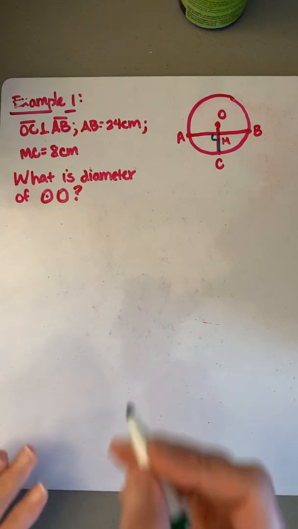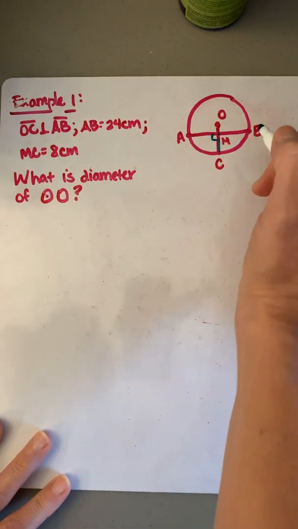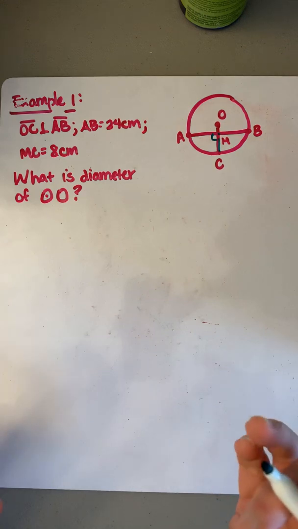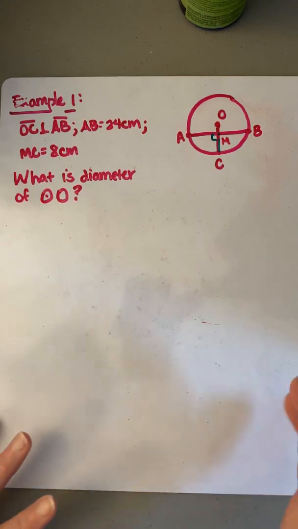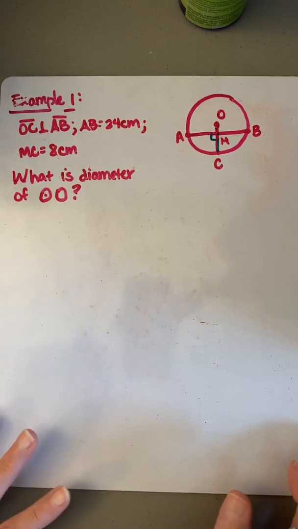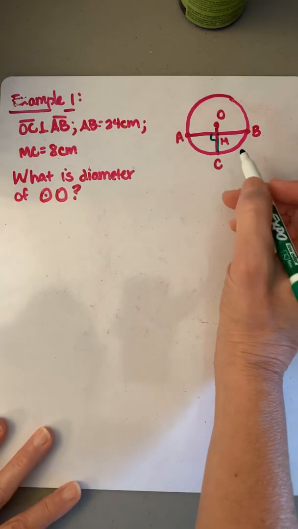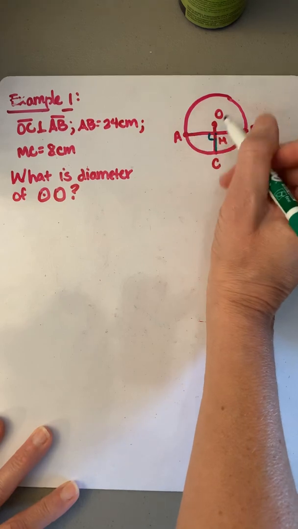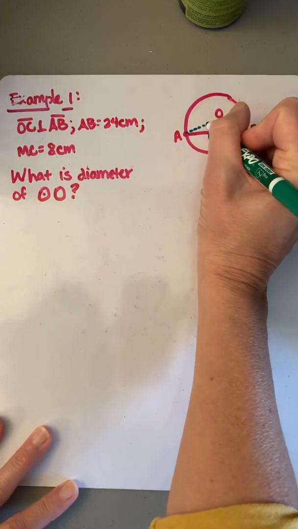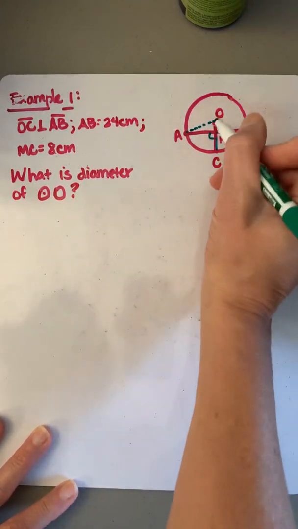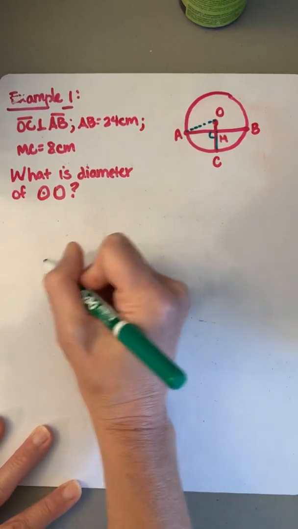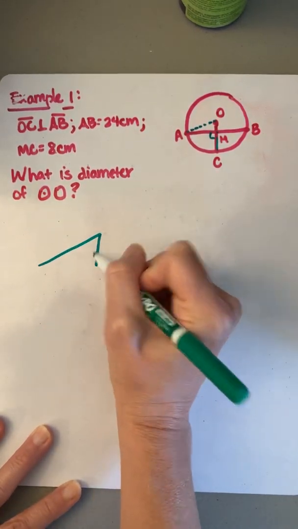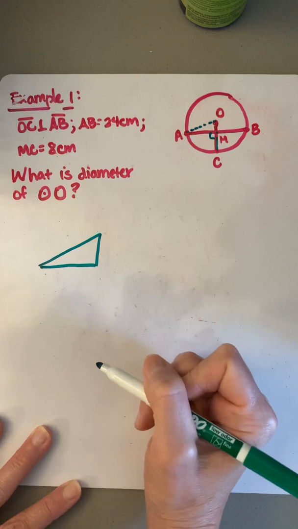So what we're going to start off with is, because this section talks about circles and Pythagorean theorem, that makes me think that it's talking about right triangles. And since I want to know the diameter, that means 2 radii, I'm going to draw a triangle in here. And now I have a right triangle. And so what I'll do is redraw that right triangle a little bit larger.